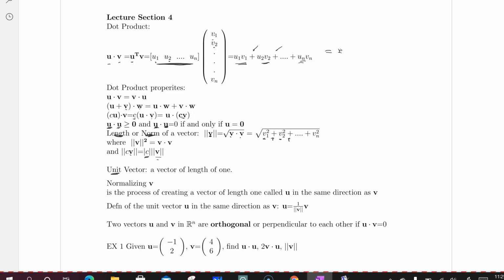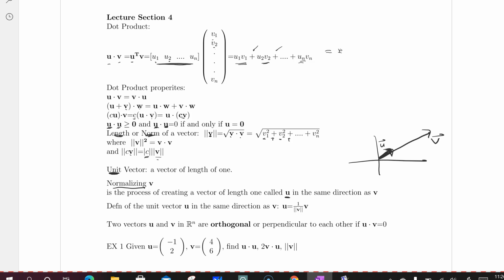A unit vector, the word unit means 1. It's a vector of length 1. To normalize a vector is the process of making a vector of length 1, called u, that's in the same direction as v. So if I've got this vector v here that's huge, not of length 1, I'm going to find u, which will be of length 1, in the same direction as v.